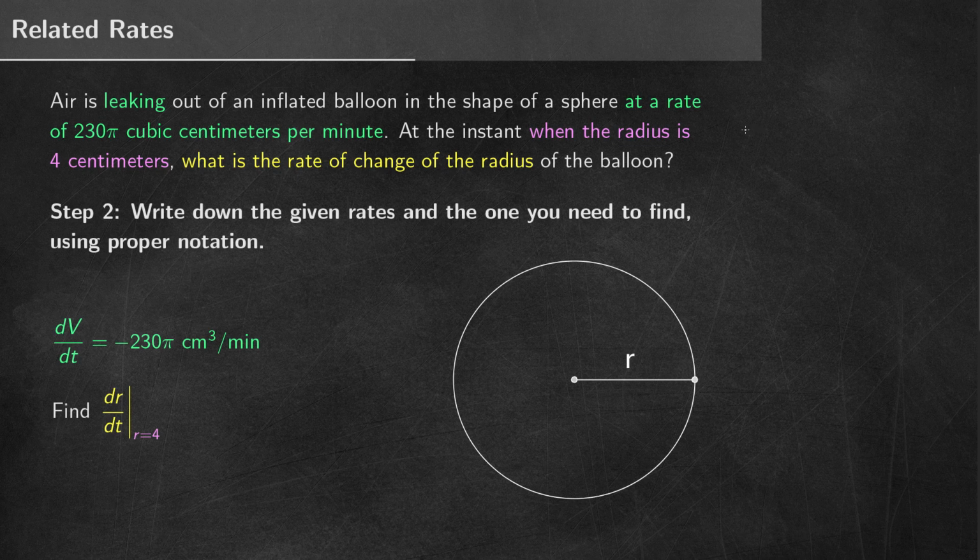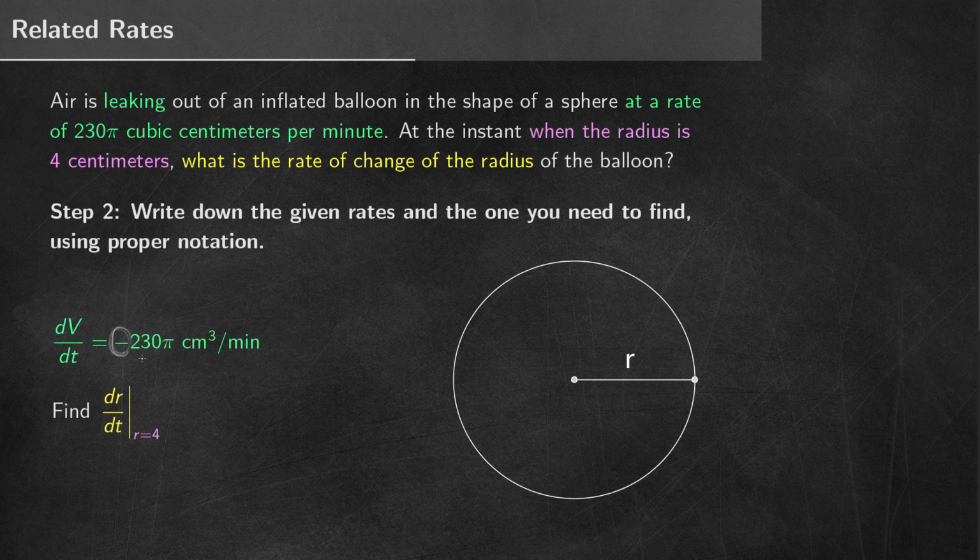And if the volume is getting smaller, then I know that my derivative has to be negative. It's a decreasing rate. The rate of change of my volume over time is going to be negative. So that word leaking is going to tell me to make my derivative of volume negative.